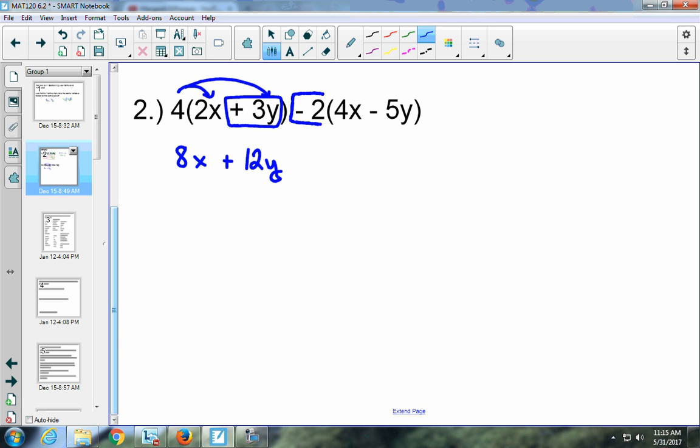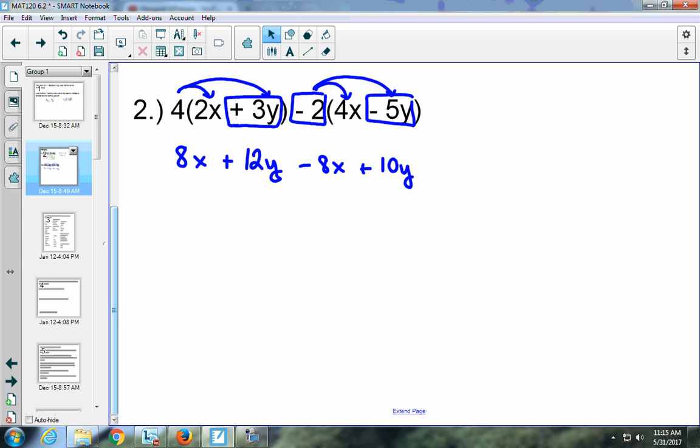Then I take my negative 2 and distribute it to everything in that next set of parentheses. So negative 2 times positive 4y, or I'm sorry, positive 4x, gives me negative 8x. And negative 2 times negative 5y gives me positive 10y. Now that I've gotten rid of all of those parentheses by distributing, I can combine my like terms.